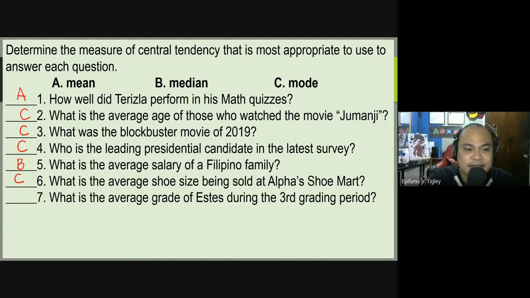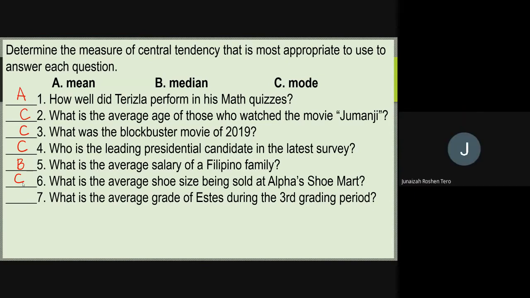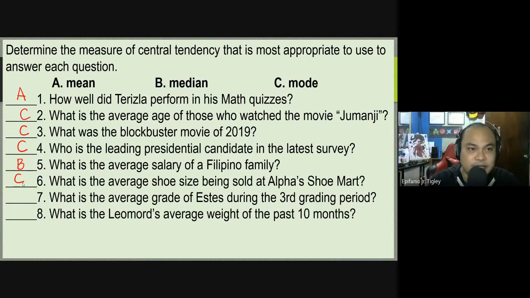Okay? Number 7. What is the average grade of Estes during the 3rd grading period? Mean. The mean. That's totally right. I'm gonna be using the mean for number 7. Number 8. What is Leo Mord's average weight for the past 10 months? Mean, gihapon na siya.